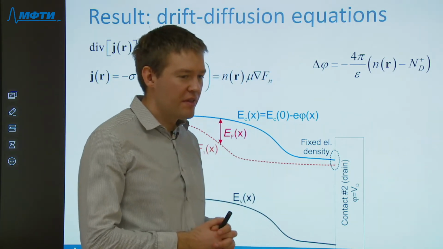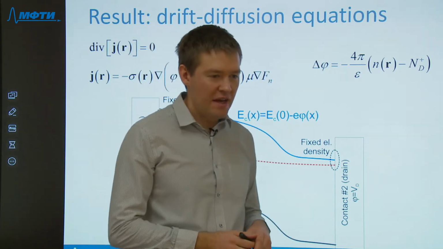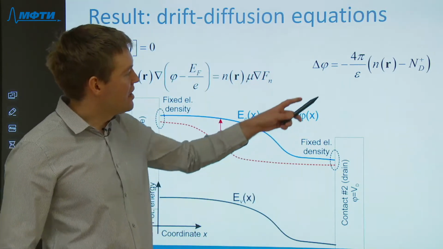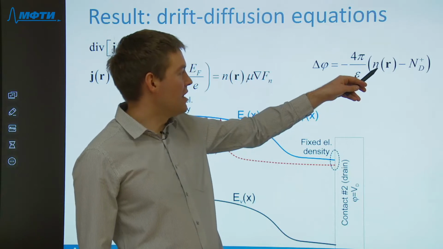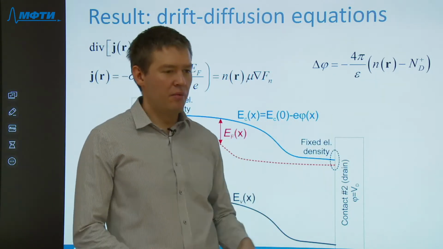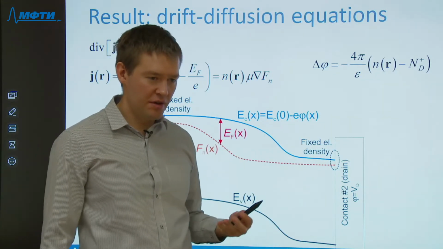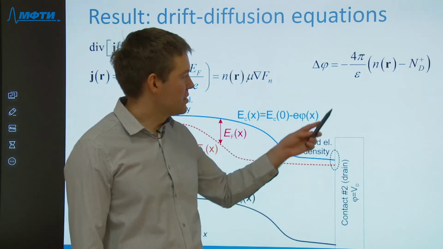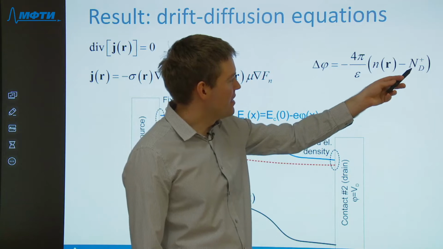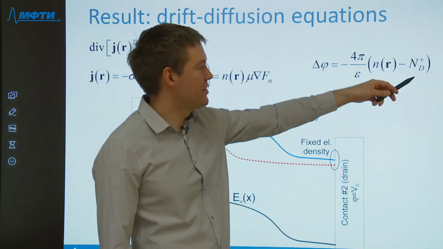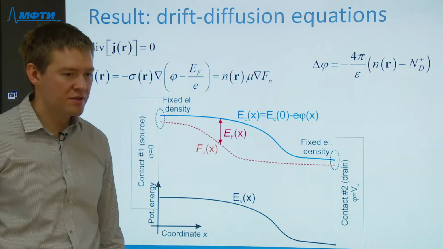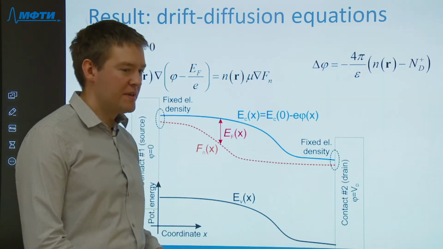I have written these equations for the case when we have only one type of charge carriers, namely electrons that were initially sitting on donors, where the donors become ionized when the electrons leave. So it would be sufficient for most of our purposes.